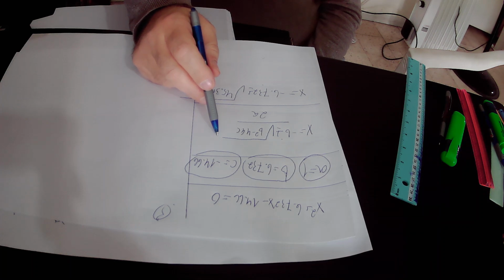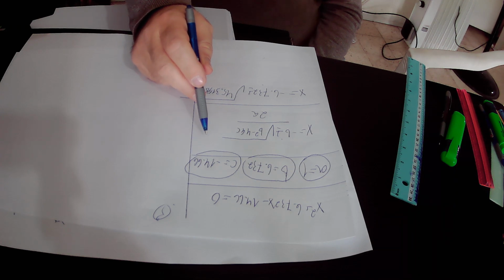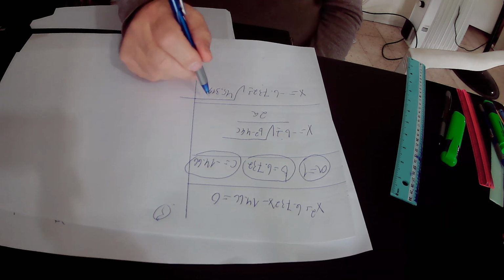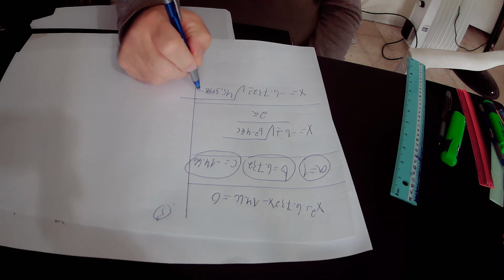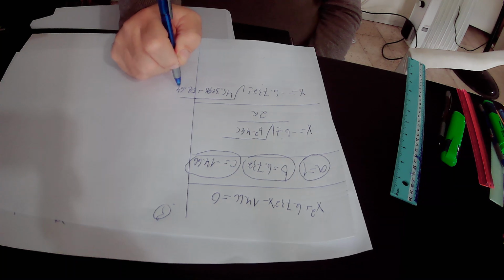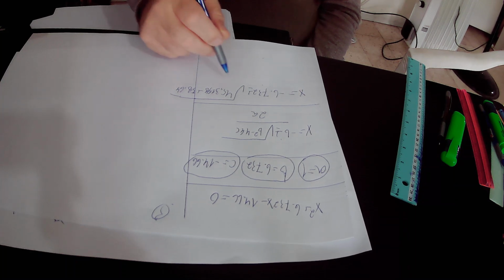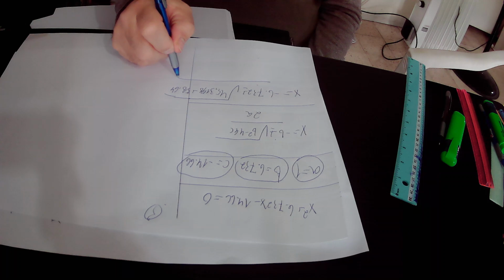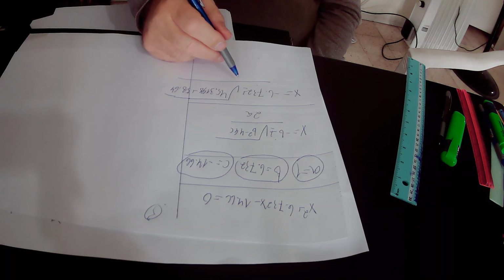So minus 4 times a times c is minus 4 times minus 14.66, that is plus 58.64, divided by 2a. a is 1, therefore 2a is 2 times 1, that is 2.